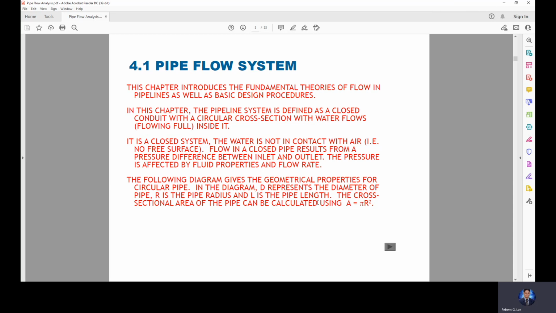For that, we don't know; we need to compute that. Unlike the flow in open channels, where at the surface we can always presume that it is equal to atmospheric pressure because it's an open water flow, and we know that if it is exposed to atmospheric pressure, the gauge pressure is equal to 0.